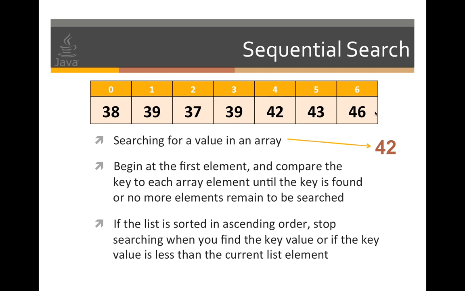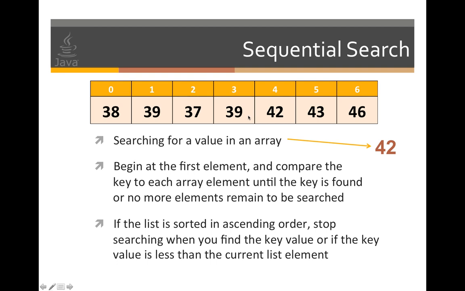If we were looking for the value 40, and this was sorted in order, and I saw 39 and then skipped to 42, if you knew that the array was in order, you could say, well, there's no sense in me searching elements 5 and 6, because I know that the 40 doesn't exist, because it's in order.